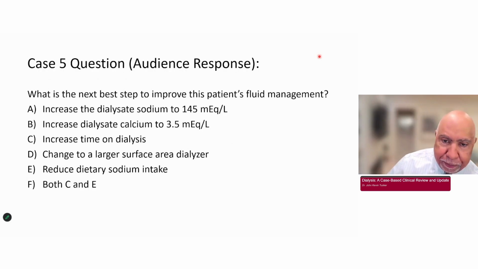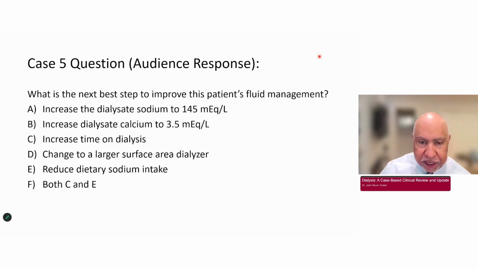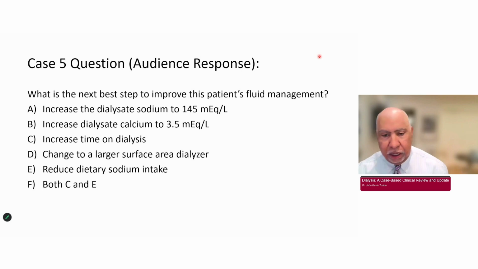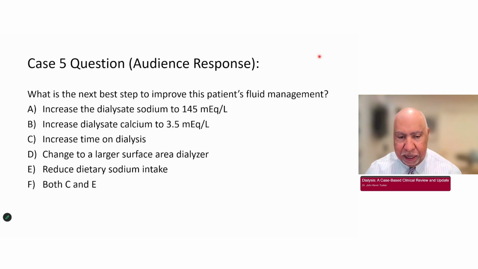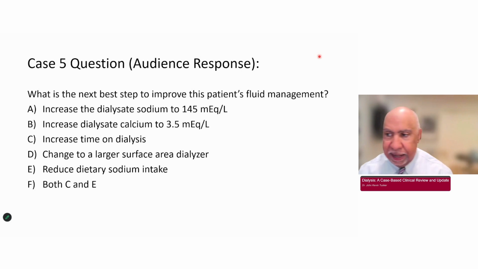So what's the next best step to improve this patient's fluid management? Would you say it is to increase the dialysate sodium to 145, increase the dialysate calcium to 3.5, increase the time on dialysis, change to a larger surface area dialyzer, reduce dietary sodium intake, or both C and E?